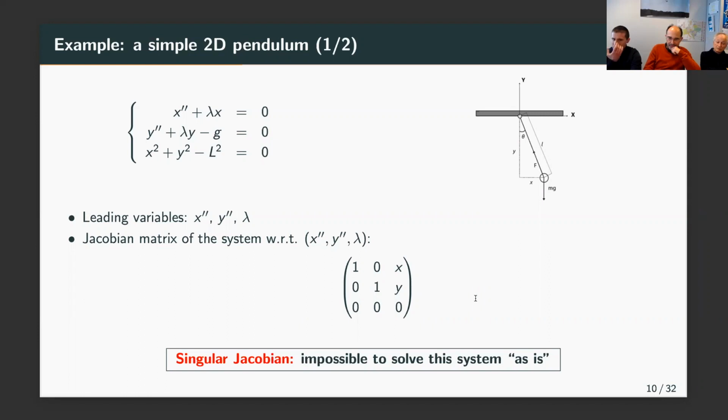And in fact, what we can guess here is that the problem comes from, in this case, the algebraic equation. We should have leading variables appearing in the third equation, and we do not. So one basic idea that we could have is that by differentiating the last equation twice, we would be able to bring back leading variables into an equation that didn't show any.